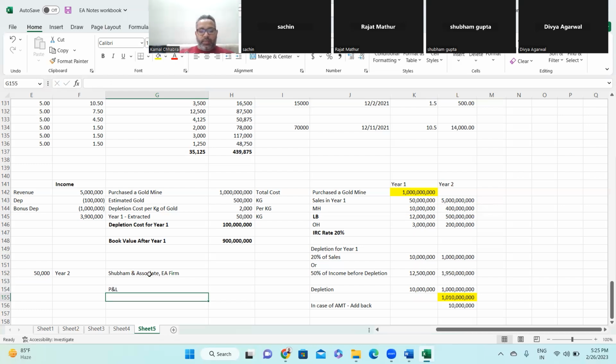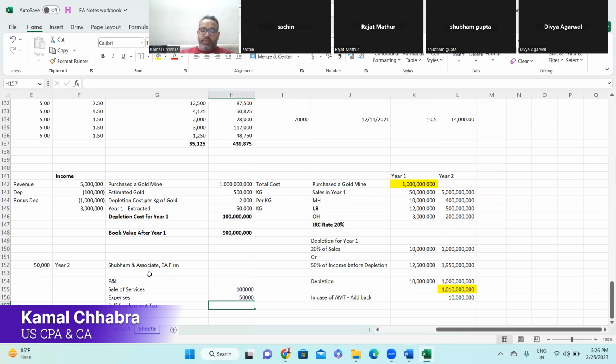In the P&L, you have, let's assume, sale of services of $100,000, and you have expenses of $50,000, and you have paid self-employment tax for yourself, let's assume $5,000.